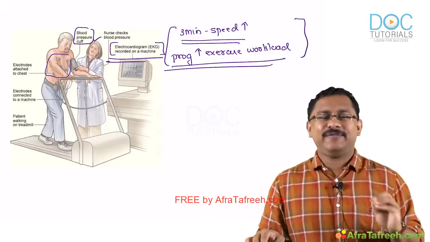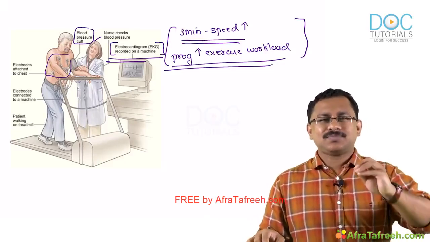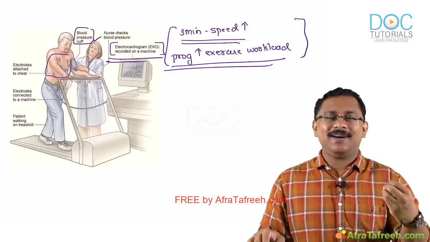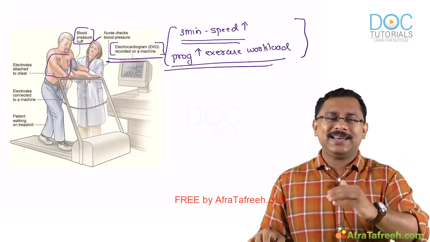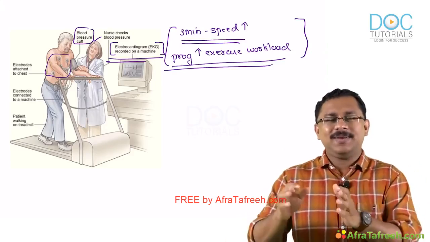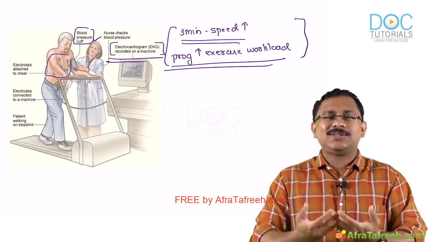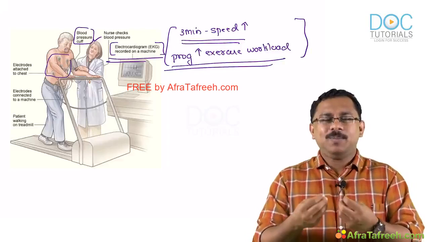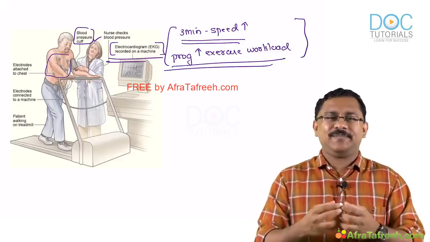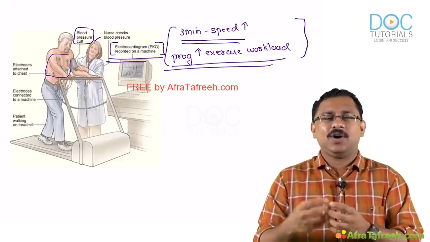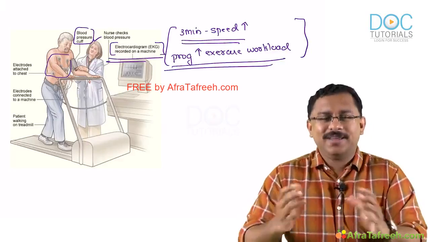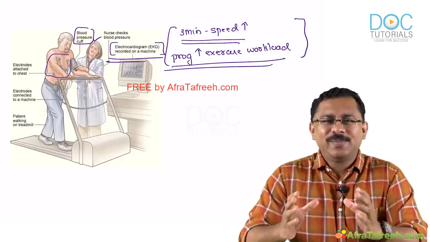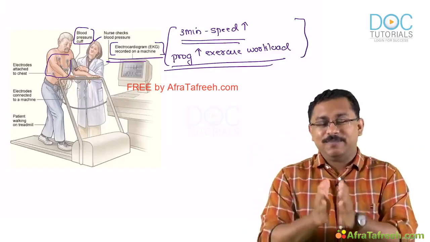So you should be careful, because once in a while you can have a patient who comes to the cardiology department for evaluation of chronic stable angina, undergoes a treadmill test, and if the technician or the attending doctor is not vigilant enough, the patient can actually go into a coronary event. So what do I mean by vigilant enough? I'll try to give you a better idea.